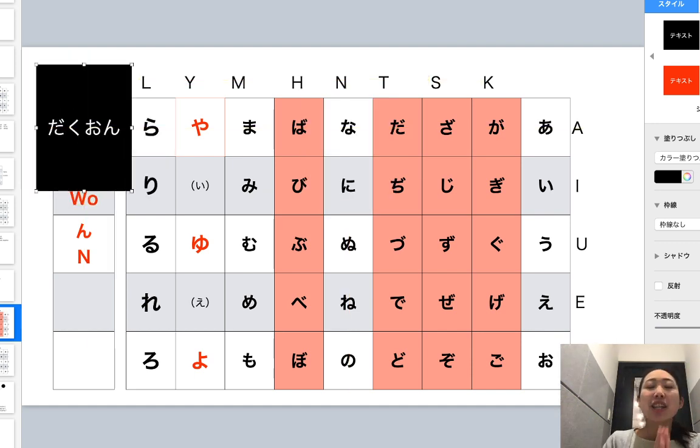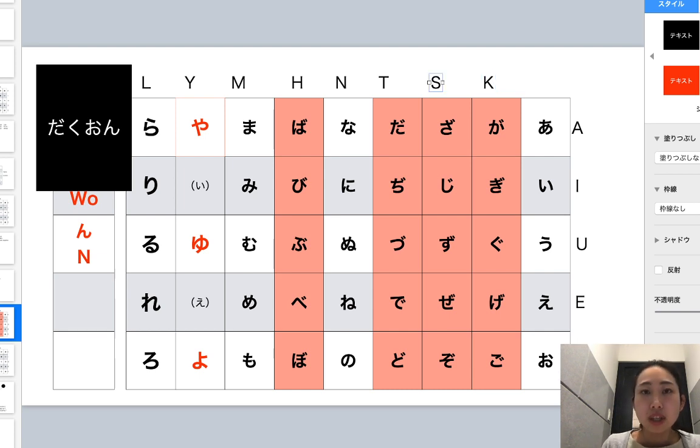Okay. So when we make dakuon, the dual sounds, there are only four types of letters: K sounds, S sounds, T sounds, and H sounds.